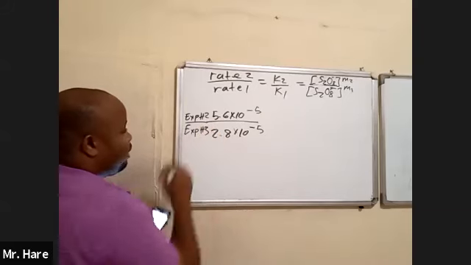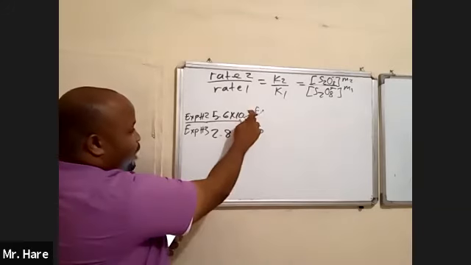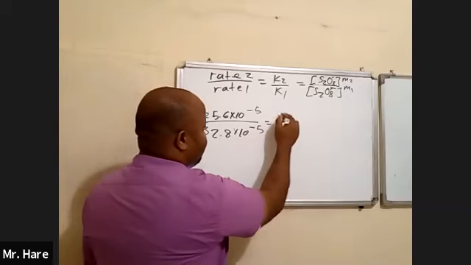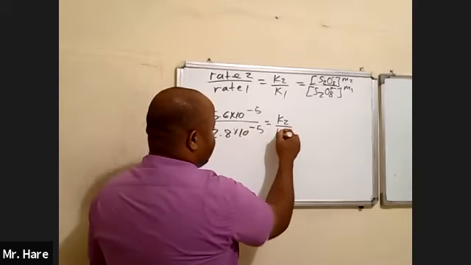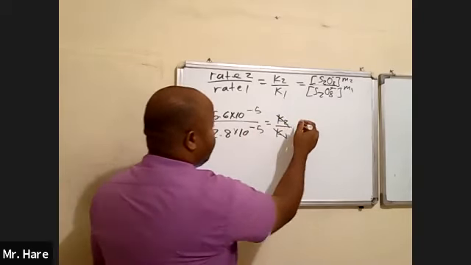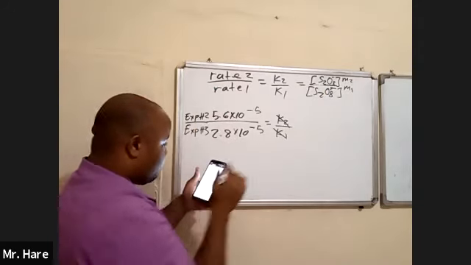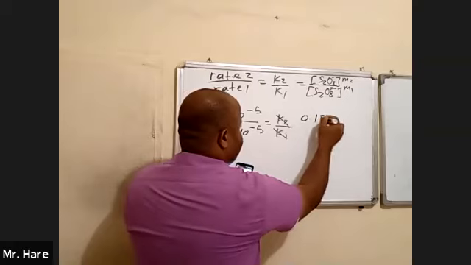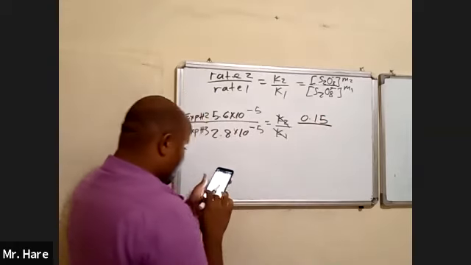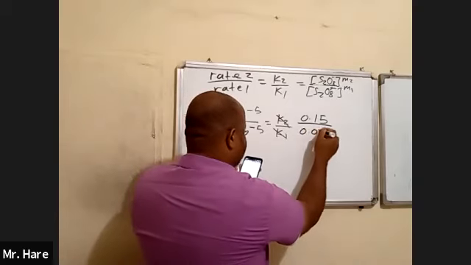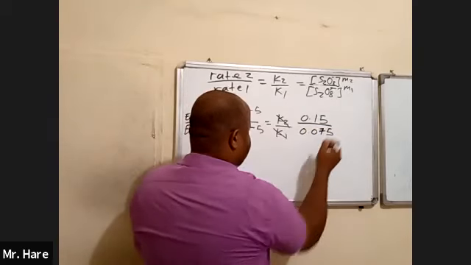The constants will cancel each other. So we go to the concentration from experiment number 2, which is 0.15, and then the concentration from experiment number 3, which is 0.075.